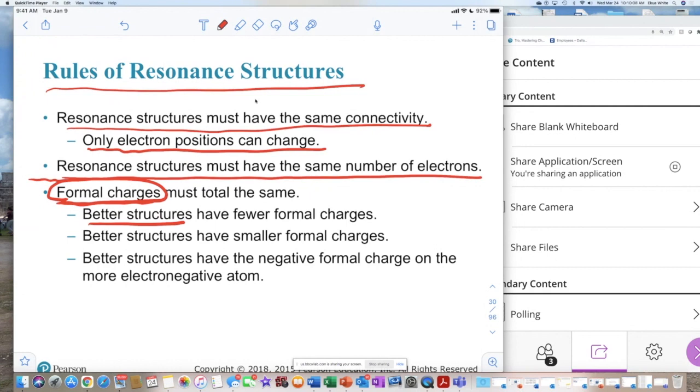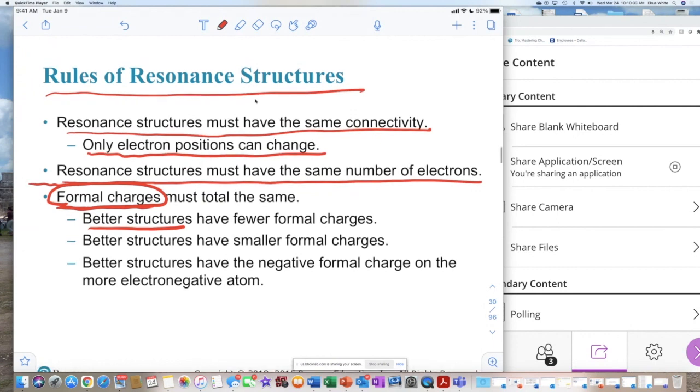Formal charges are not the same as regular charges. Formal charges are something that we do because we have one goal in mind. We assign formal charges to elements to figure out the correct Lewis structure and to figure out which element in the compound has the negative charge or the positive charge.